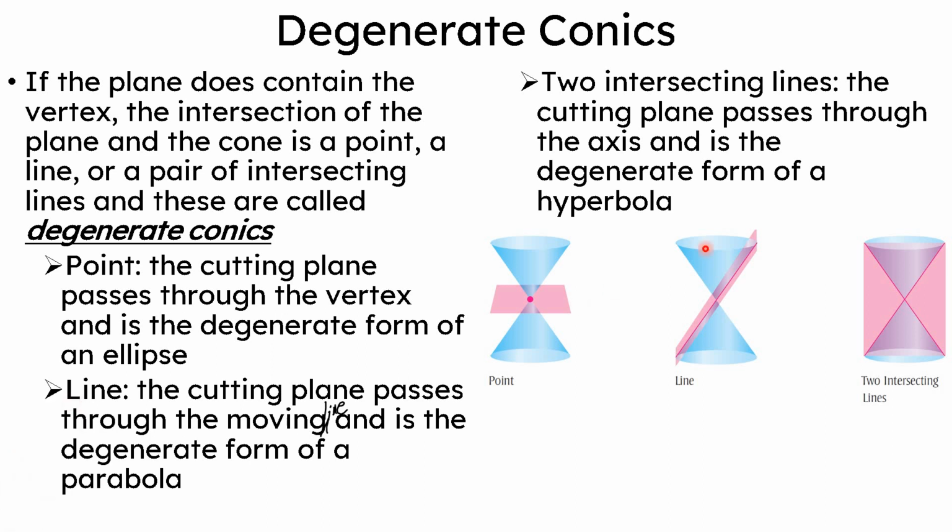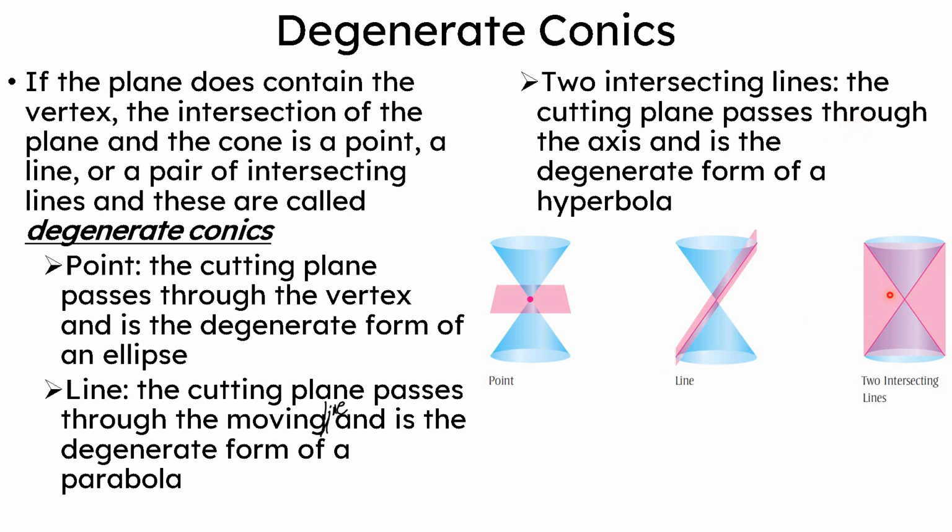So, yung cutting plane mo, parallel sa dito sa line na to, kapag nandito siya parabola, pero once na inusog mo and the cutting plane already contains the line parallel to it, it becomes not anymore a parabola. It simply becomes a line.